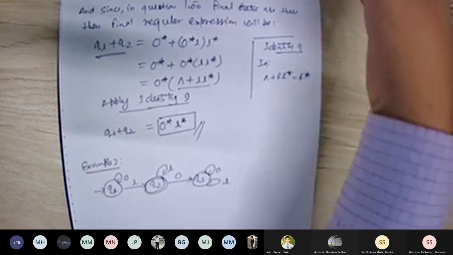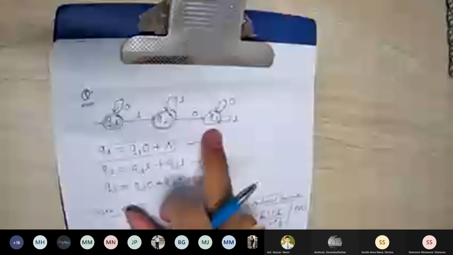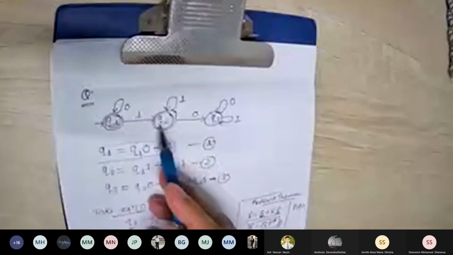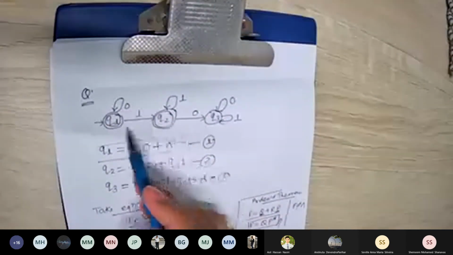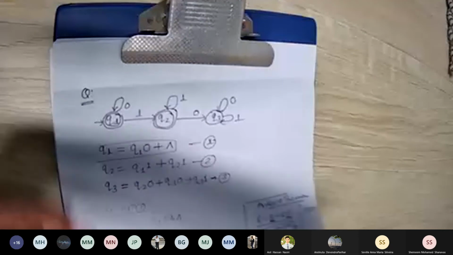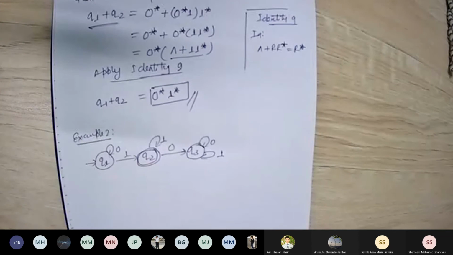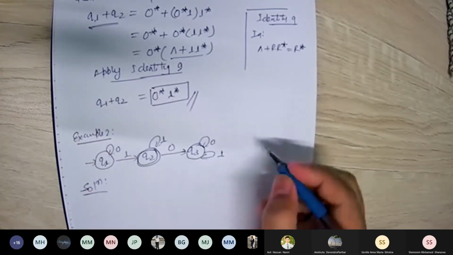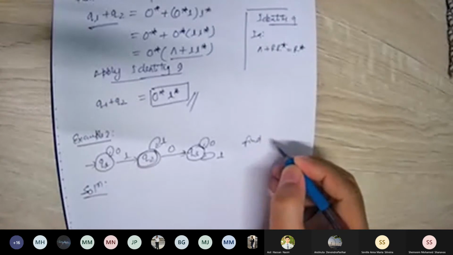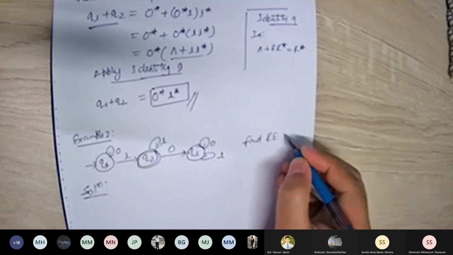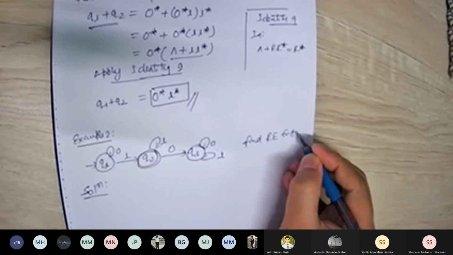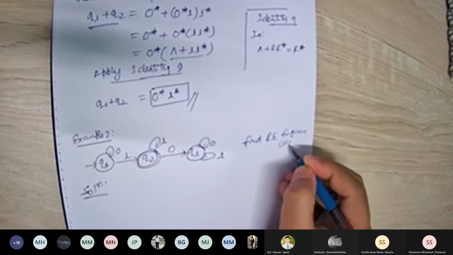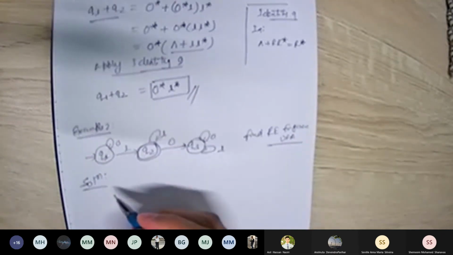It is exactly the same as this, only the difference is that here only Q2 is the final state, while earlier both Q1 and Q2 were final. So what will be the solution for this? Find the regular expression for the given DFA.